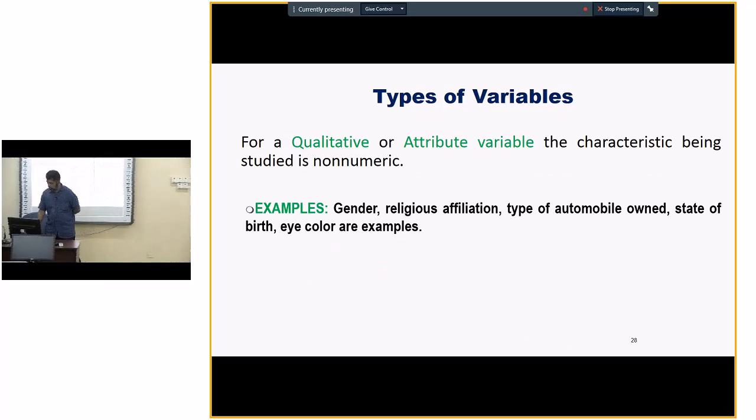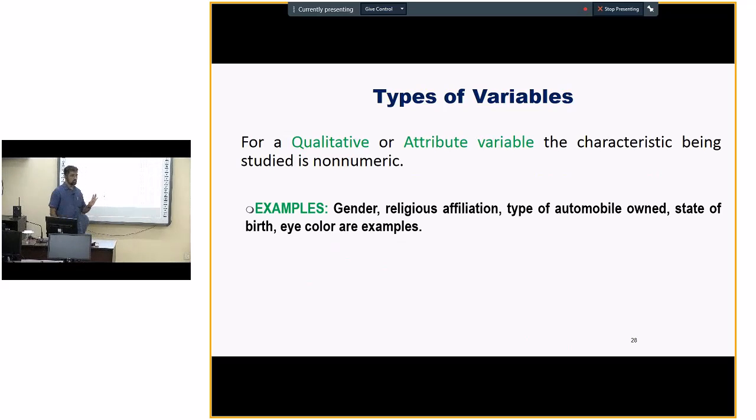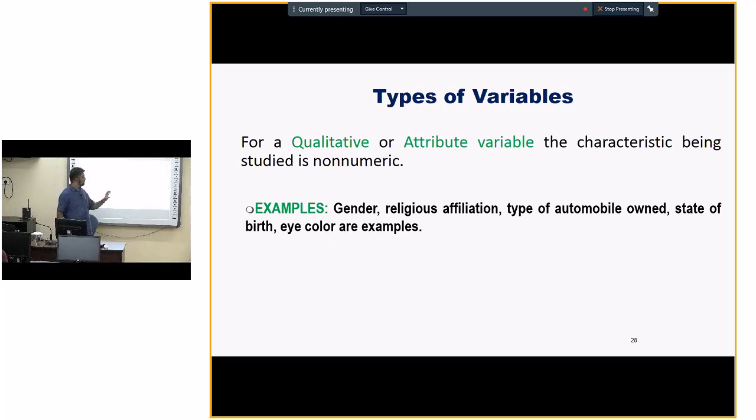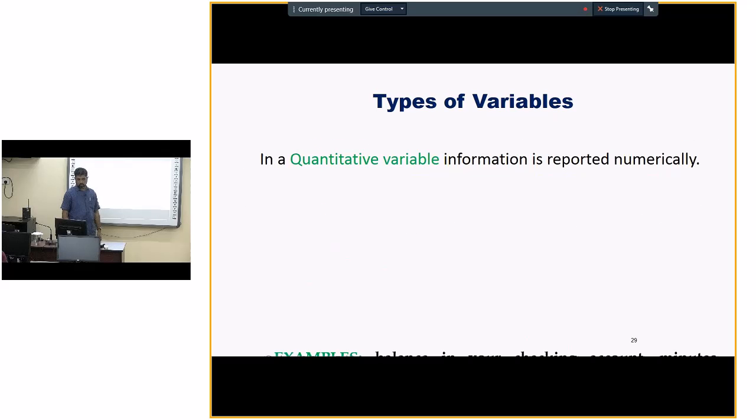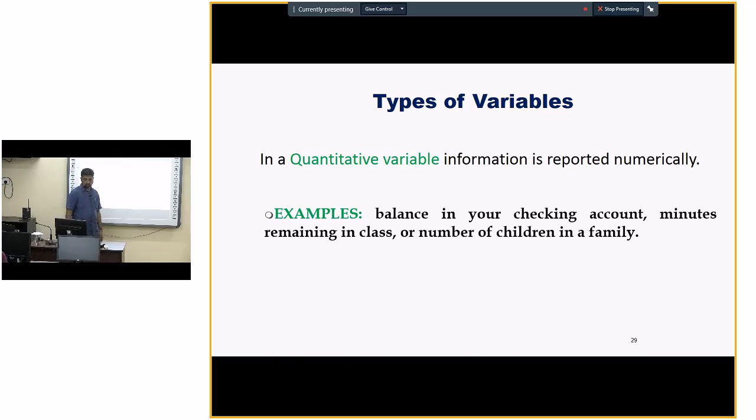Then clearly you have to identify them, right? You should have a clear idea after discussing them. Very simple but very much important, right? You should have a clear idea about this classification. What is the difference between nominal, ordinal, quantitative and qualitative? Then this is quantitative information.